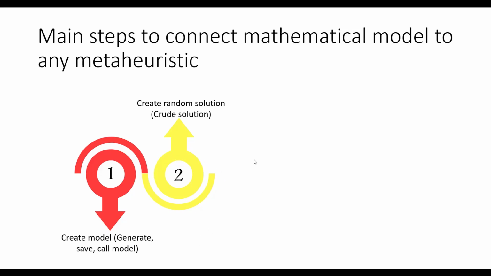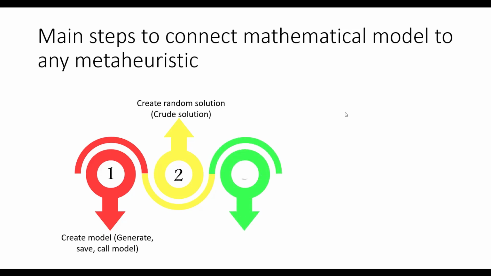You know, we have different kinds of objective functions, so creating a random solution would differ from problem to problem. Suppose that we have a TSP, and sometimes we have a vehicle routing problem. These two types of problem may have different random solution procedures. So it would be different from one problem to another.